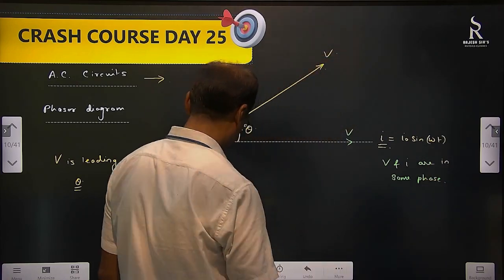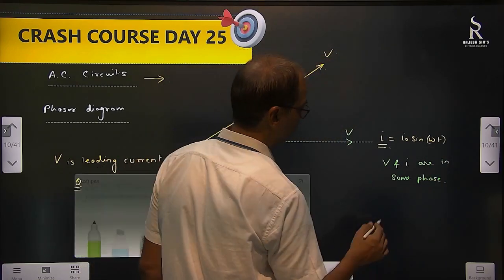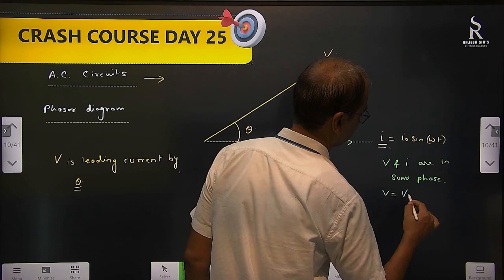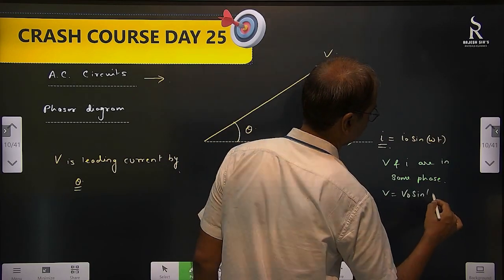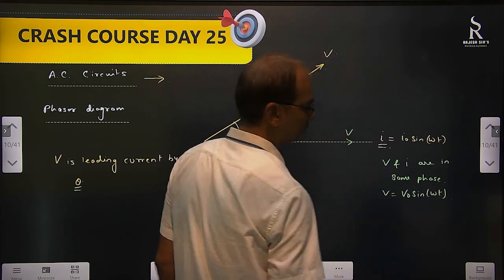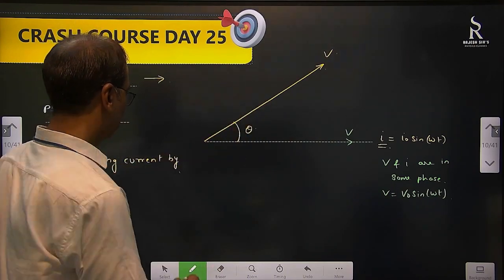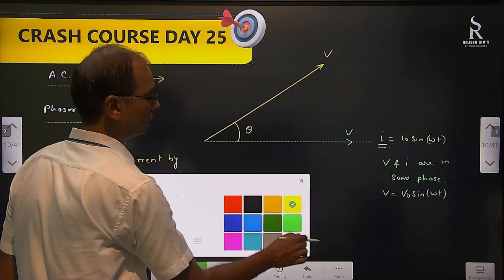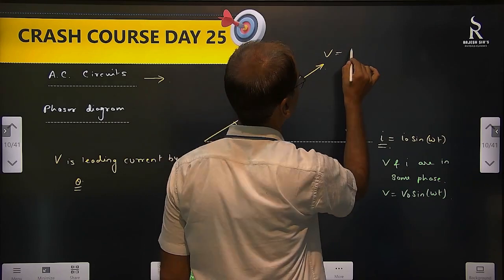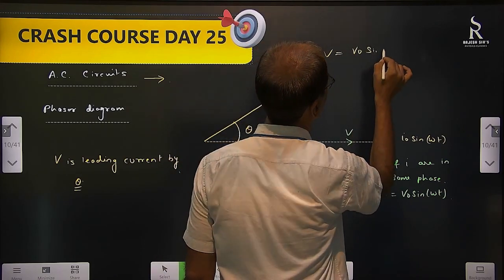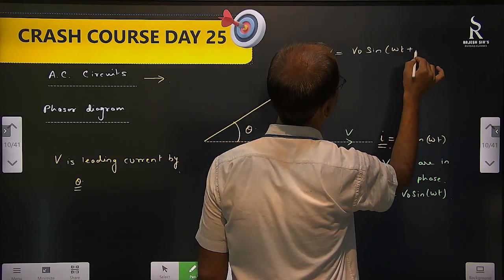Then what will be V? V will be written as V naught sine omega t. They are in same phase. Here you will say V equal to V naught sine omega t plus theta.